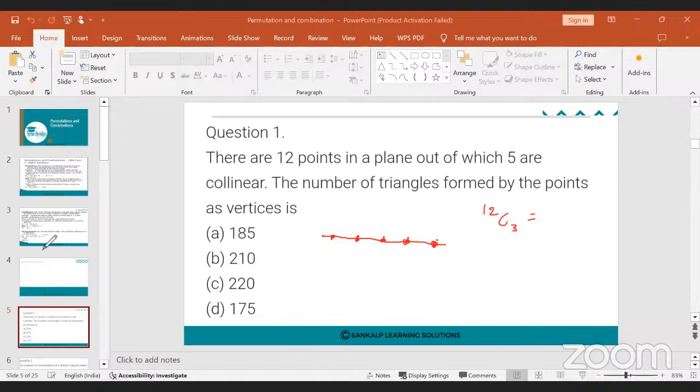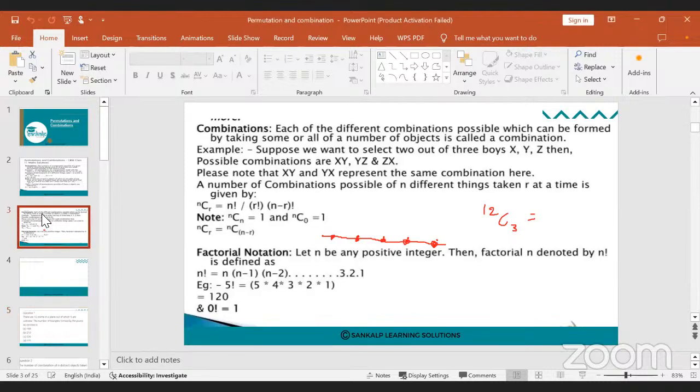Here the combination formula is present, you can check it out. nCr is n factorial divided by r factorial into n minus r factorial. Try to use this formula.